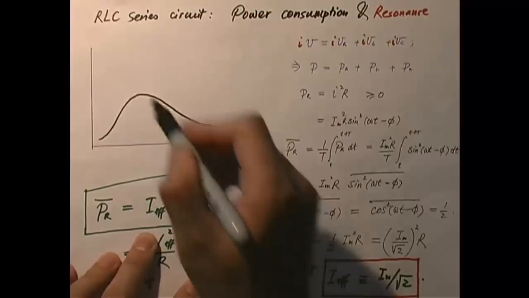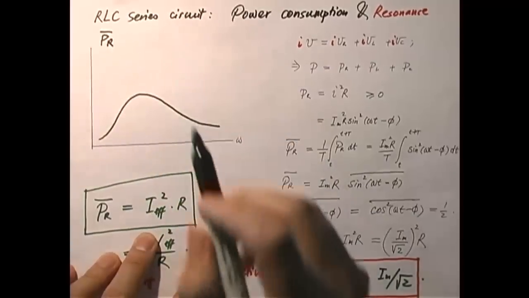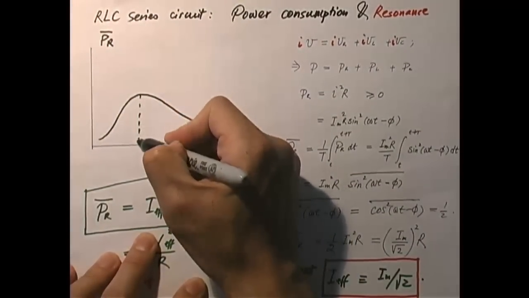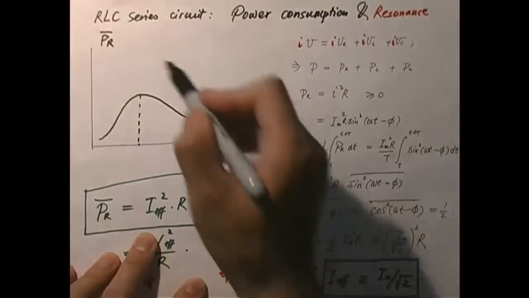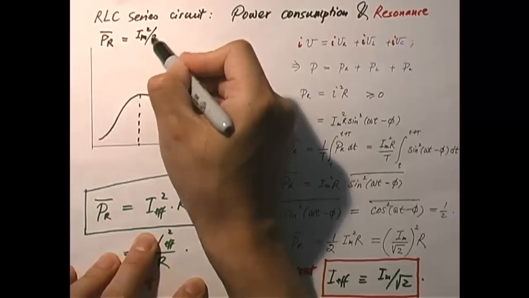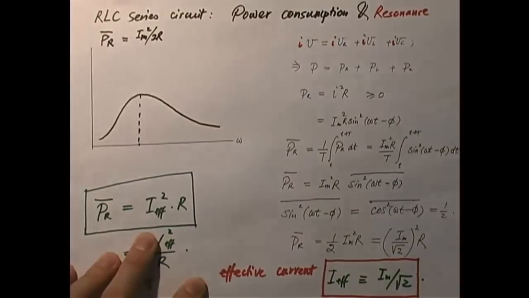Okay, so therefore, the power consumption by the resistor as a time average value should also have a similar expression. It is equal to I maximum squared over 2R. So it's proportional to I maximum squared, so it should also peak at the same point.